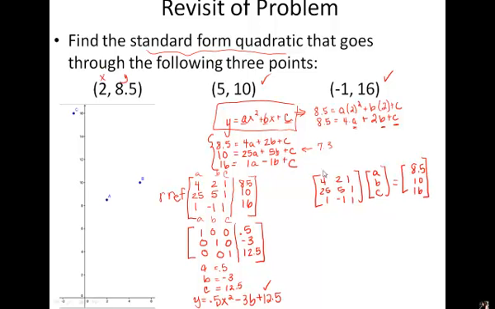So the idea with this one is, if you were to actually do this operation, I'll call this A times X. This is our unknown. We know our A is equal to this column solution matrix. If you were to multiply A times X, what you're going to get is 4 times A plus 2 times B plus 1 times C. So that would have been this very equation right there, and we're saying it equals 8.5. And same thing if you were to multiply row 2 by this and then row 3 by this.